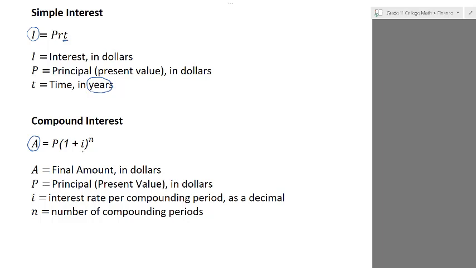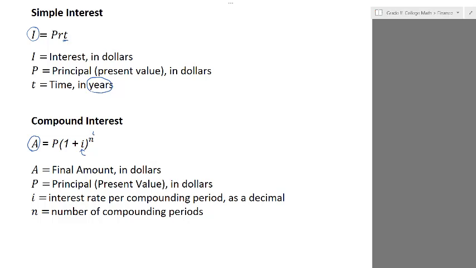What's tricky about this formula is that the I is the interest rate per compounding period. So you need to take your percentage, divide it by 100 to make it into a decimal, and then divide it by however many compounding periods there are per year. So if it's compounded daily, you would divide it by 365. If it's compounded monthly, you divide by 12. If it's compounded weekly, you would divide by 52, and so forth.